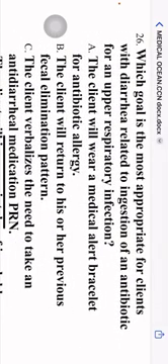26. Which goal is the most appropriate for a client with diarrhea related to ingestion of an antibiotic for an upper respiratory infection? The client will wear a medical alert bracelet for antibiotic allergy. The client will return to his or her previous fecal elimination patterns.